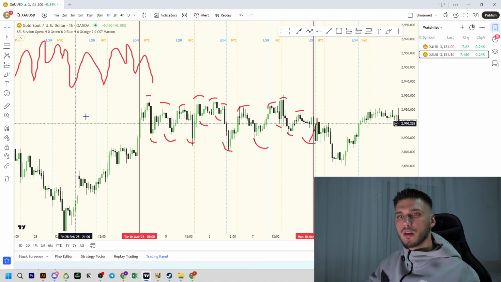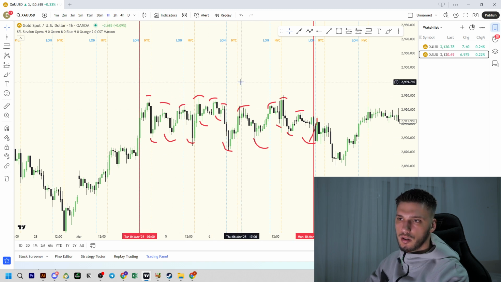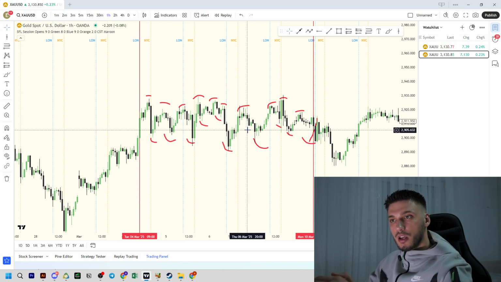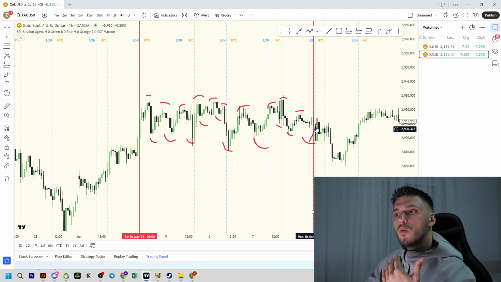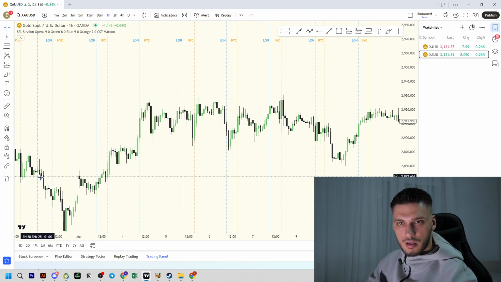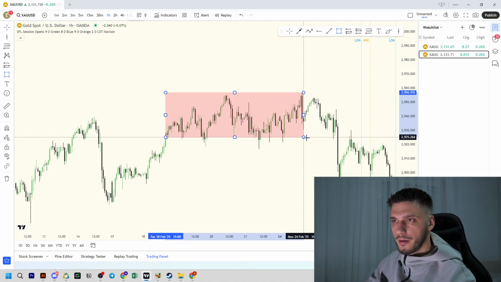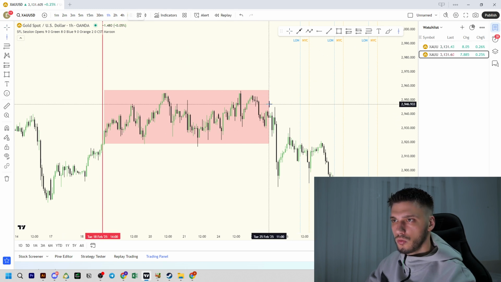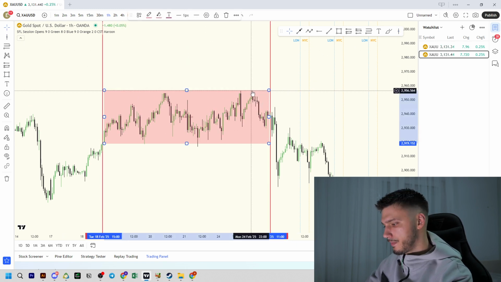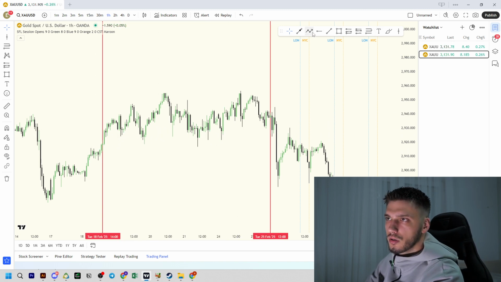And you want to do this in 5 different ways, in 5 different ranging markets. If you did this one, you marked out everything, you took out the brush, and you started analyzing by hand. Once you did that and you confirmed everything, you want to delete that and go to the next ranging market. You want to spot a ranging market, put 2 lines from the beginning to the end of it, and start drawing that.